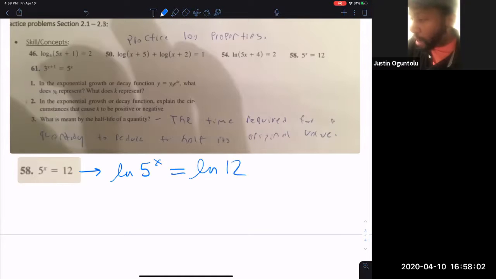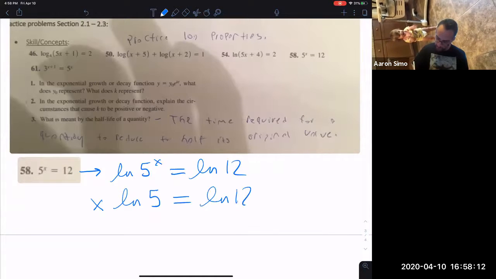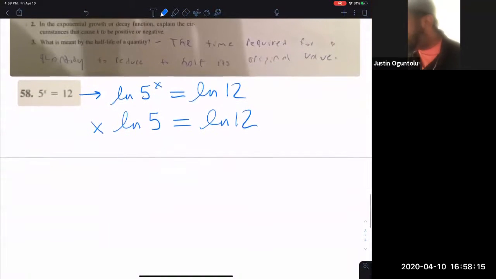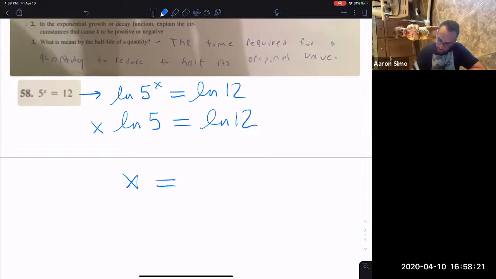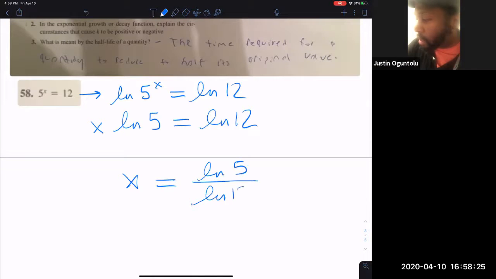Then I would use the power rule and bring the x down, so x ln 5 equals ln 12. Good. Then, since we want x by itself, I would divide by ln 5 on both sides. And I would have x equals ln 12 over ln 5.